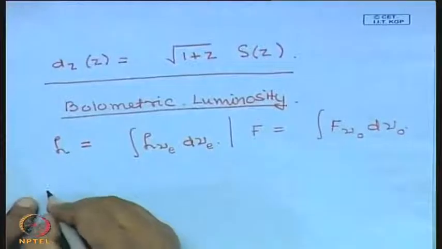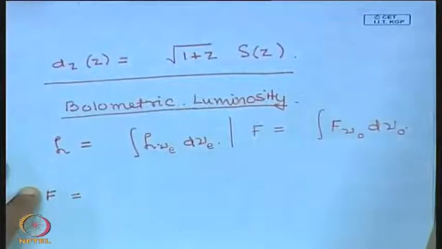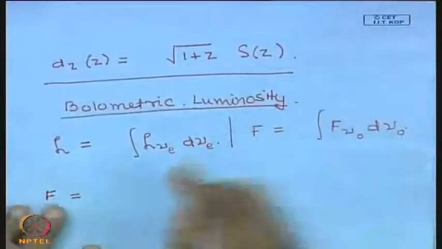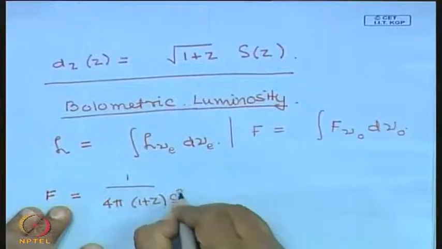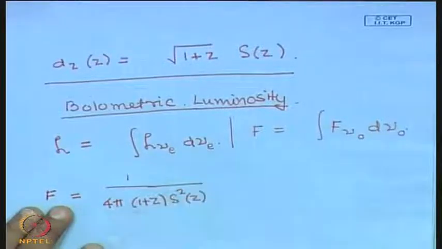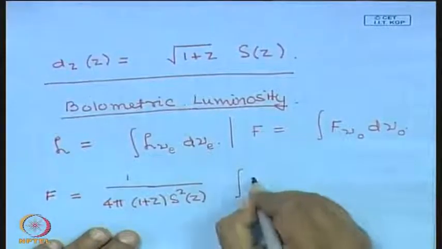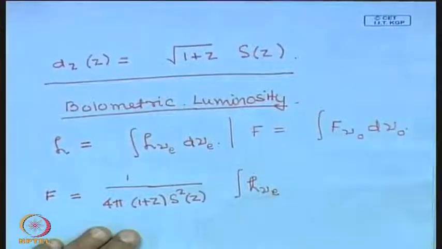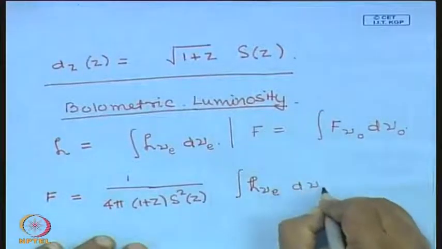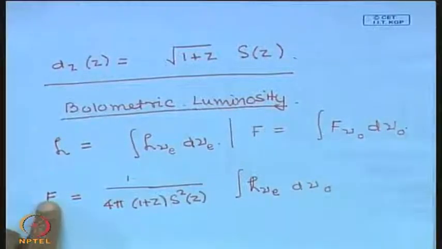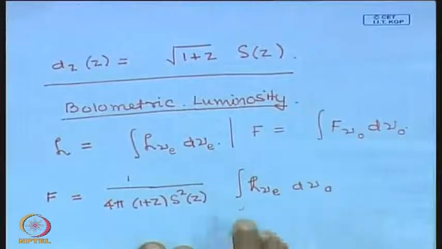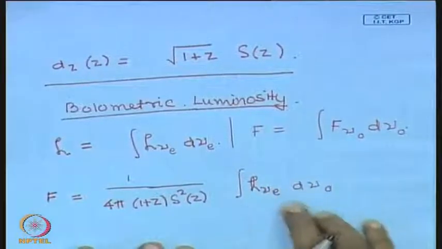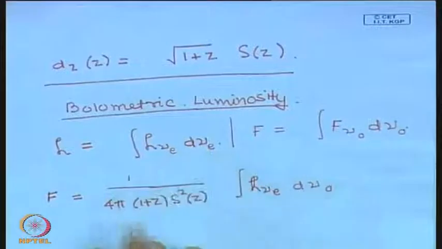that the bolometric flux is equal to, so I will have 1 by 4 pi 1 plus z s square, that is what I will have here, and then I have the integral, the luminosity d nu observed, right, because I have integrated this over the observed frequency, and this I have to write in terms of the emitted frequency, because I know the bolometric luminosity is the integral of this over all emitted frequencies.